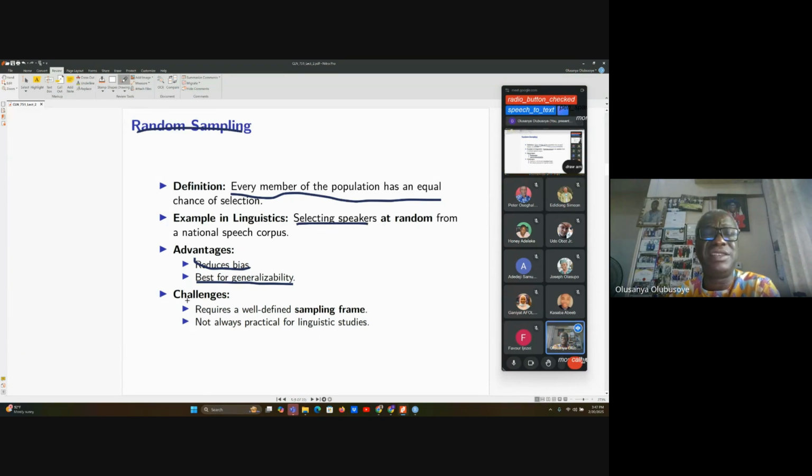But there are challenges with the adoption of random sampling. You need what we call a sampling frame. Don't forget this. A sampling frame is simply the list of the members of the population. Any list or register containing the population is called the sampling frame.